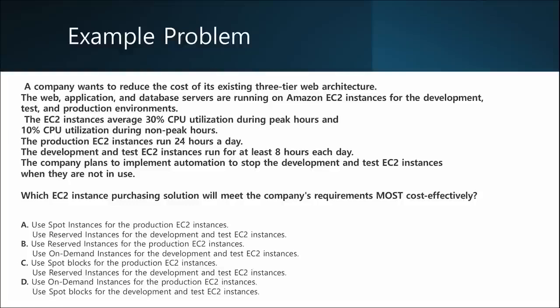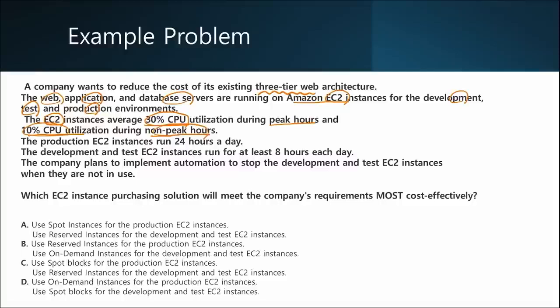Let's solve a practice problem related to what we learned. A company wants to reduce the cost of its existing three-tier web architecture. The web, application, and database servers are running on Amazon EC2 instances for the development, test, and production environments. The EC2 instances average 30% CPU utilization during peak hours and 10% CPU utilization during non-peak hours.